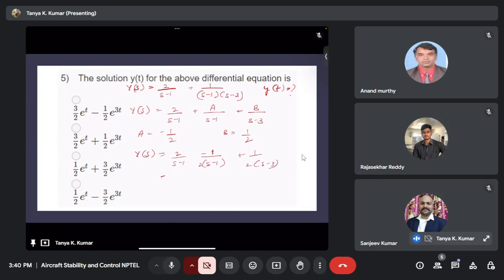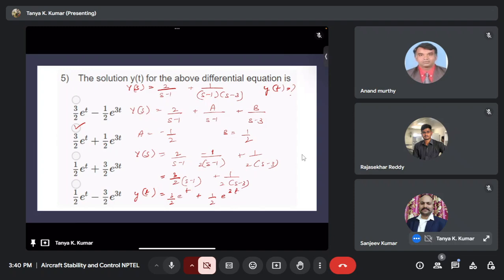So on simplification it is 3 by 2 s minus 1 plus 1 by 2 s minus 3. Now if I apply the inverse Laplace transform, I'll get the direct answer. Y of t is 3 by 2 e raised to t plus 1 by 2 e raised to 3t, which is option 2. Yes, it's the right answer.